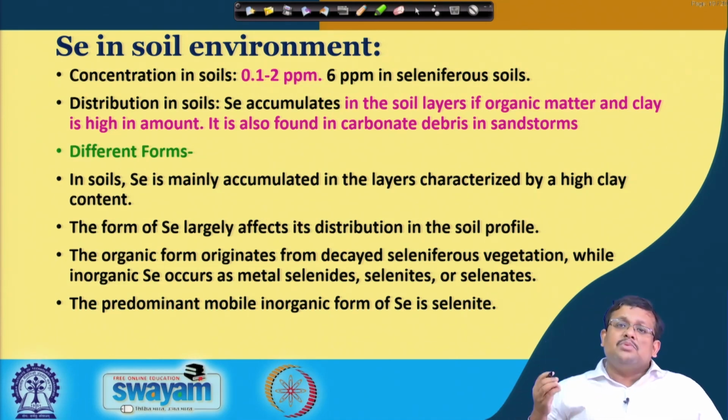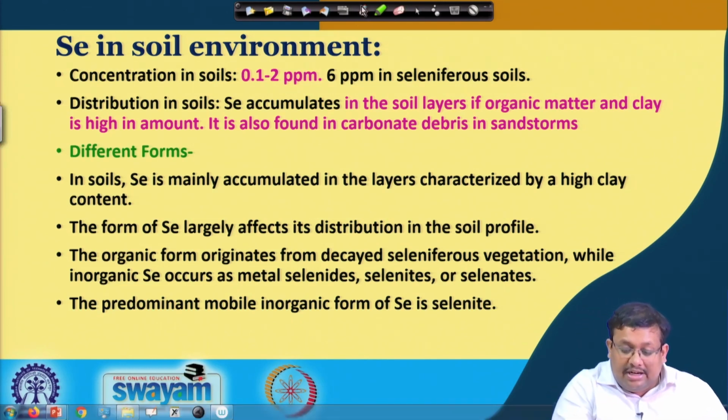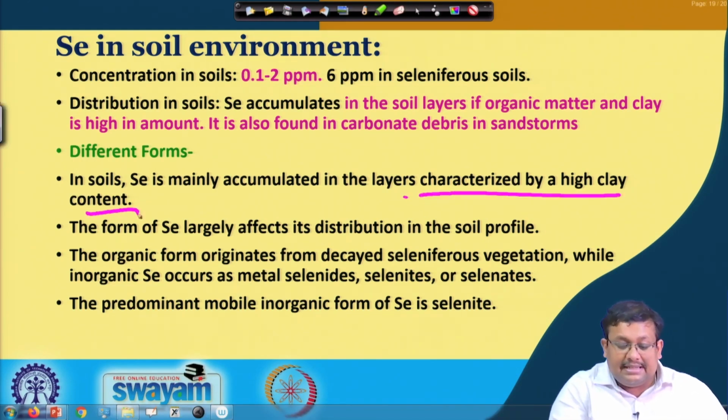The organic form originates from decayed seleniferous vegetation, so decayed plant bodies can be an important source of selenium, as vegetation with high selenium in its leaves produces decomposed products that release selenium into the soil.